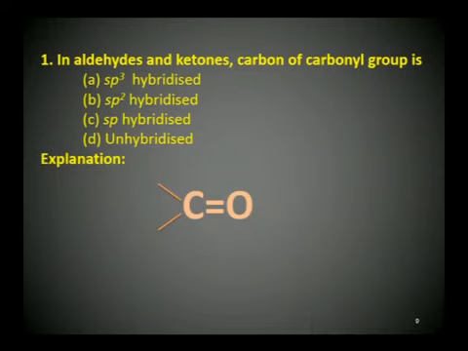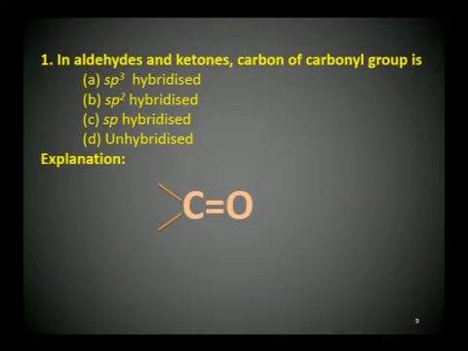A carbonyl carbon atom has a double bonded oxygen atom with two single bonds. If it is a ketone, the single bonds will be bonded to other alkyl groups. If it is an aldehyde, one single bond is bonded to an alkyl group, the other single bond is bonded to hydrogen.